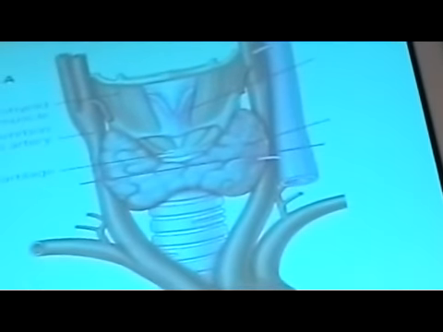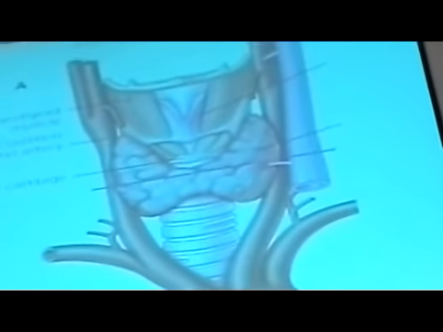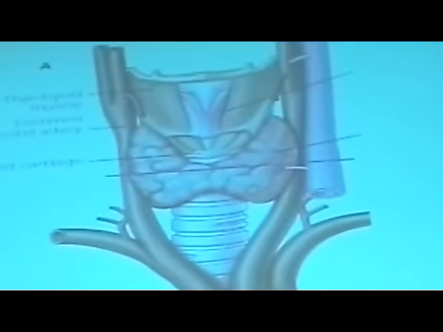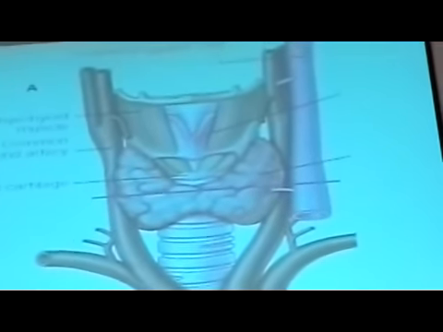You can put it in your mind. This will be described to you later on. It is very important for you to know the superior thyroid and inferior thyroid arteries and the veins: superior thyroid vein, inferior thyroid vein, and medial thyroid vein.